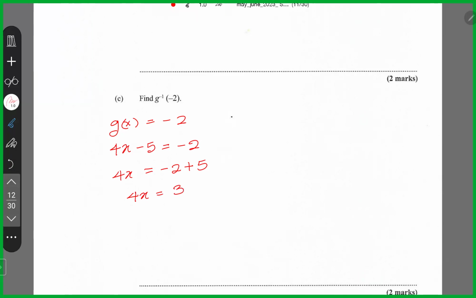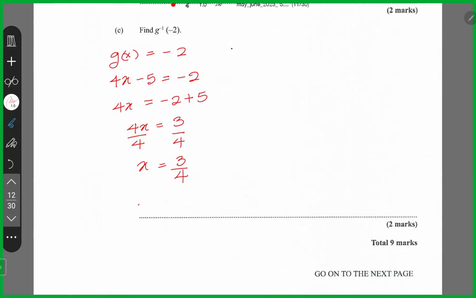Minus 2 plus 5 is 3. If the signs are different, subtract and keep the sign of the larger number. Then we divide both sides by 4, and we get that x is equal to 3 over 4. And so g inverse of minus 2 is equal to 3 over 4.